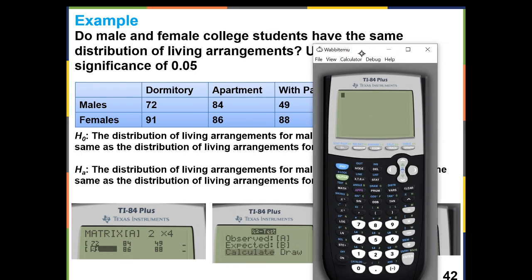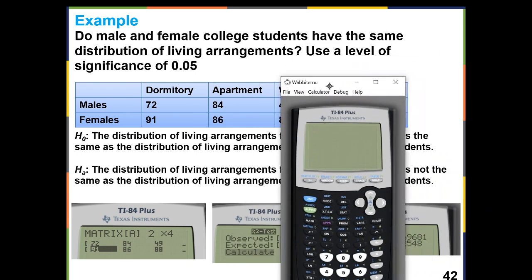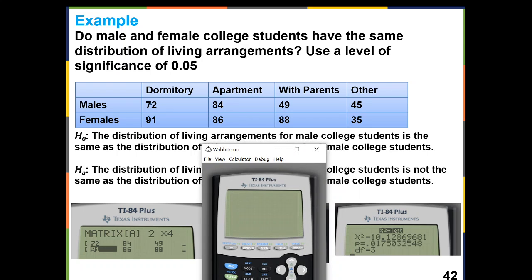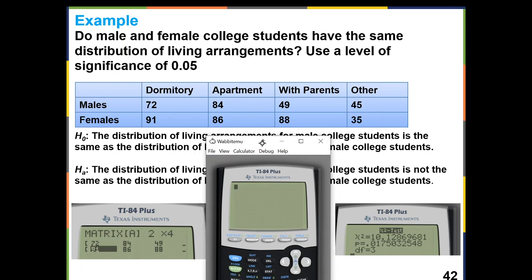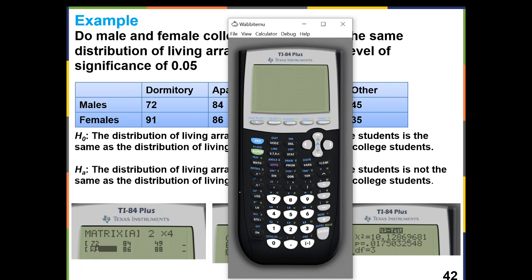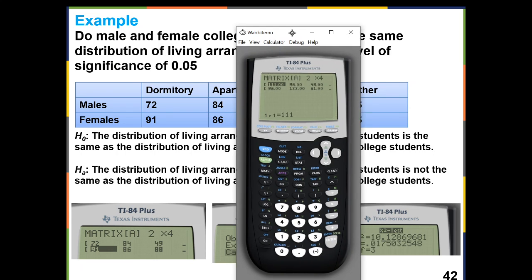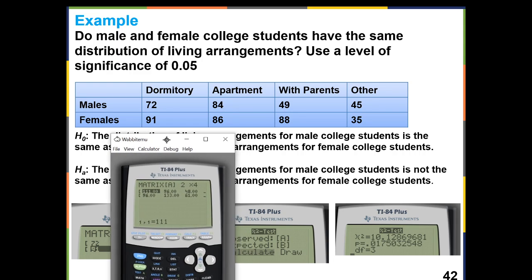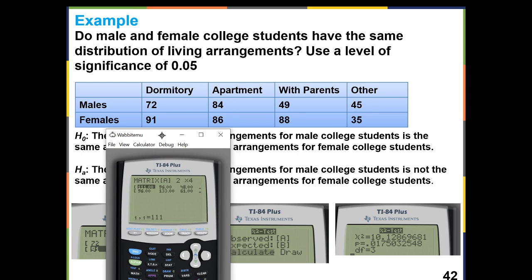The size of the matrix would be 2 by 4, right? So we are going to go to matrix and then go to edit and make this one 2 by 4, and then put the numbers in there in order.